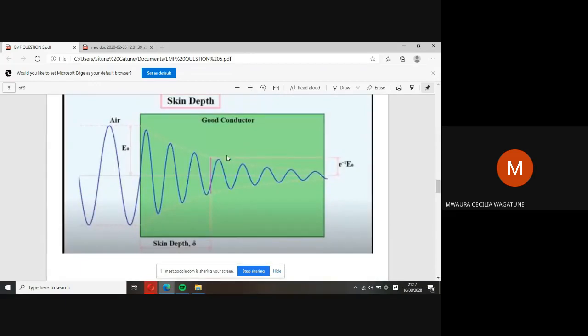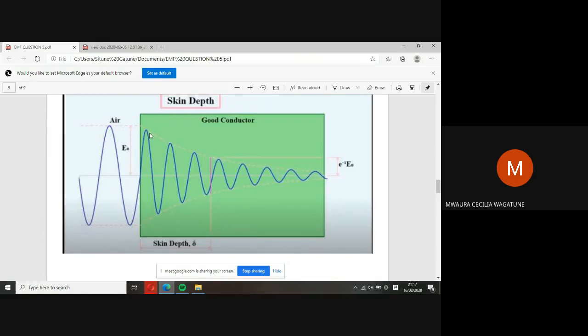So when waves enter into a conductor, as you can see here, as wave enters into this conductor, the wave suddenly attenuates. It starts reducing gradually, as you can see.